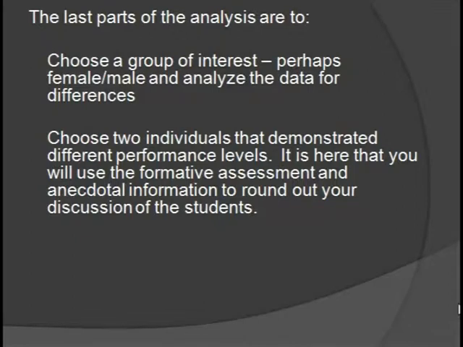And this is where you'll pull in your formative assessments and your anecdotal information to round out your discussion about the students. So it's going to be important that you have copies, unless you know specifically early on who these 2 individuals will likely be. You'll need to keep copies of all of the formative assessments for each student until you have sort of winnowed out who the people of interest are going to be for this last treatment.